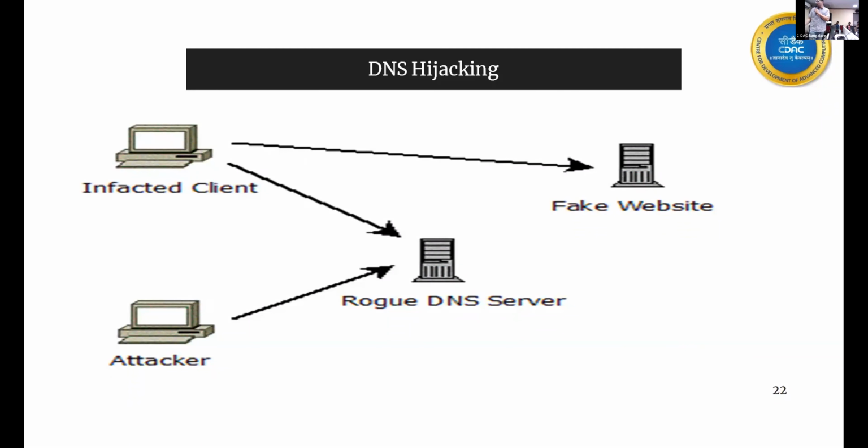Okay, so this is all about this session. Now, DNS hijacking. Any client can be targeted by this particular attack called DNS hijacking. In hijacking, what they will do is install a malware on the target machine, like normal clients, like your system.